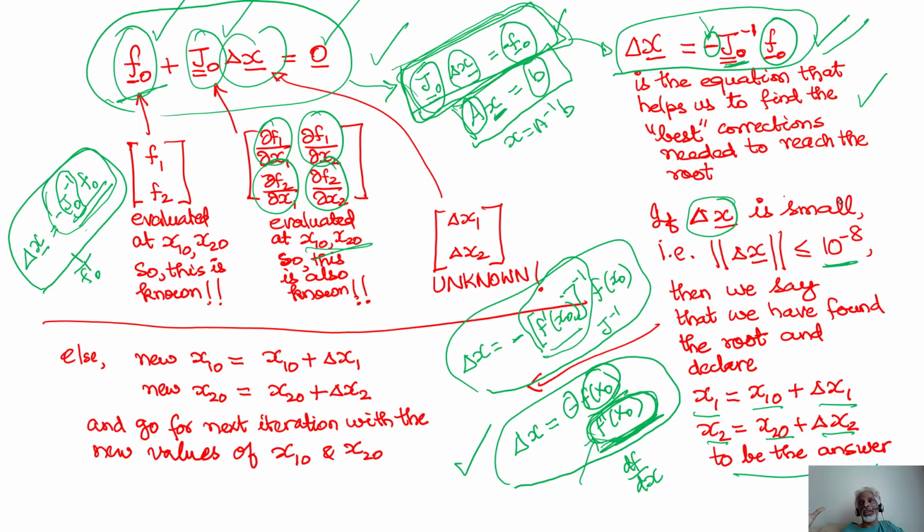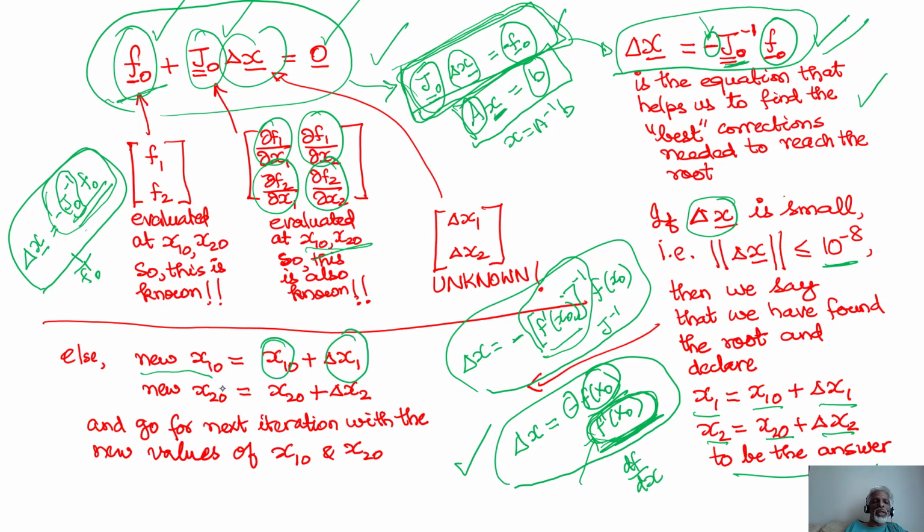If this delta x is not small, if it is significant, right? The way you declare significance can be 10 to the power of minus 8, anything more than 10 power minus 8 can be significant, or for some other problem, anything more than 10 to the power of minus 12 can be significant. So you decide what is the significance level. So if delta x is large, a value higher than your tolerance, then you will say that the new guess value is going to be the previous guess value plus the correction you have calculated.